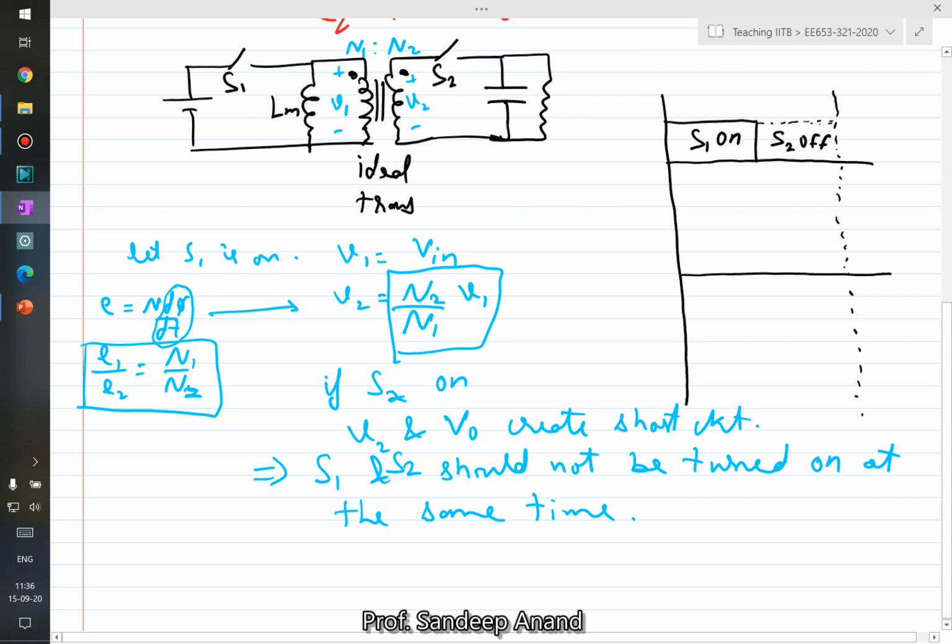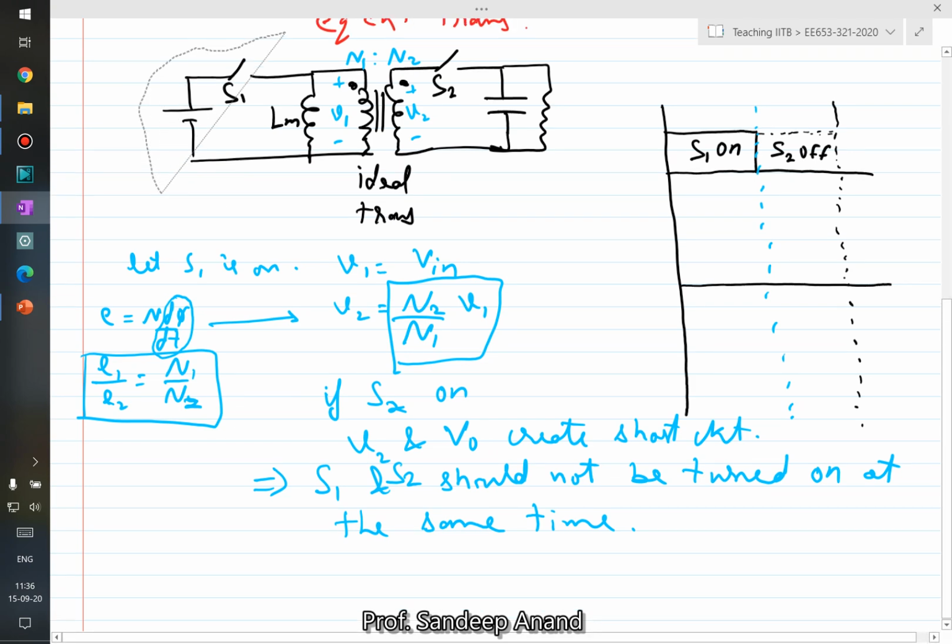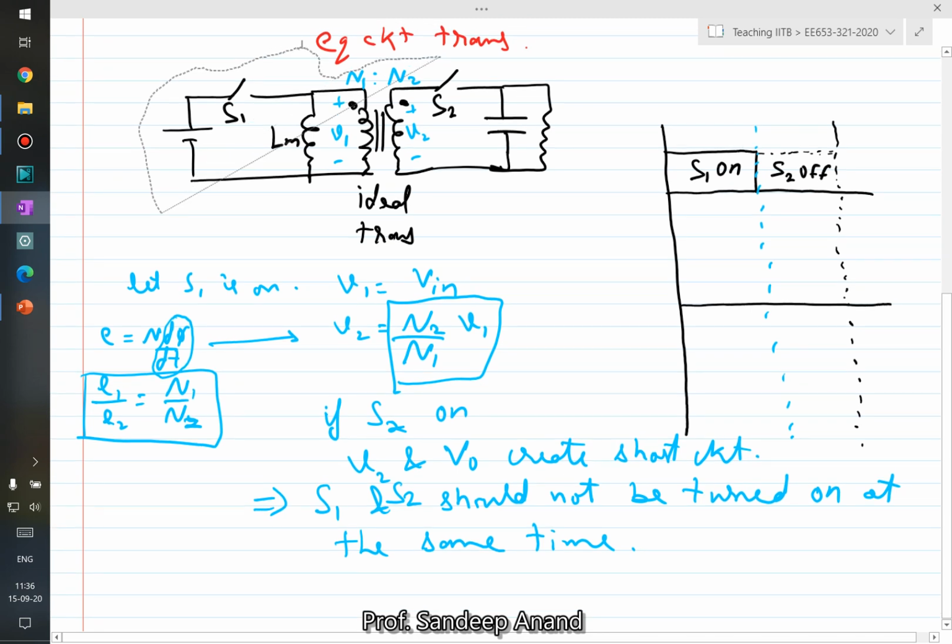Okay, now coming back to the waveform, how does this happen? So let me just take this circuit and draw it below.